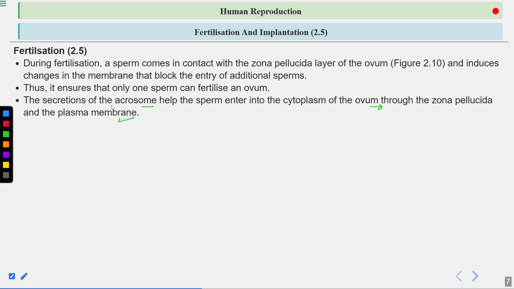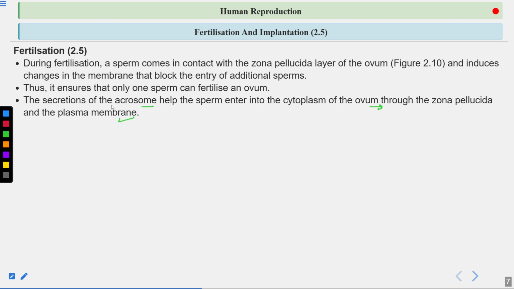Now, what is capacitation of the sperm? First of all, remember it occurs in the female genital tract. It is a physiological process which occurs in the female reproductive system. And what is the advantage of capacitation?